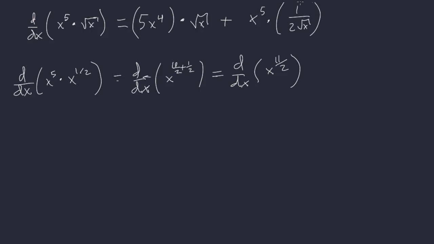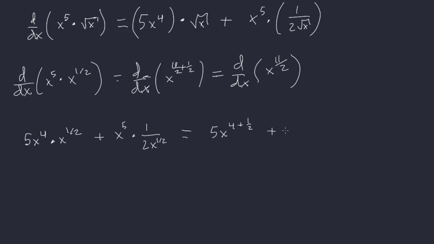Now, if we simplify the right side of this equation, we'll have 5x to the fourth times x to the 1/2 plus x to the fifth times 1 over 2 times x to the 1/2. Now, whenever you have an x in the denominator, you can bring it up as a negative exponent. So we'll get 5x to the 4 plus 1/2 here.